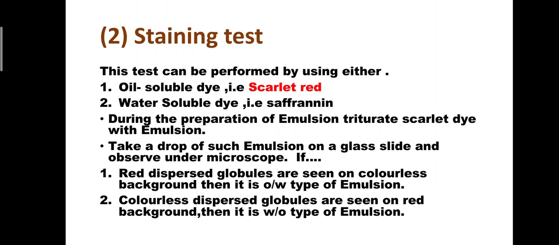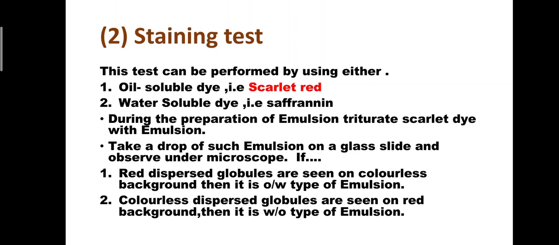Second, staining test. This test can be performed by using either an oil soluble dye, that means scarlet red dye, or a water soluble dye, that means safranin. During the preparation of emulsion, triturate scarlet red dye with the emulsion. Take a drop of such emulsion on a glass slide and observe under the microscope. There are two possibilities.